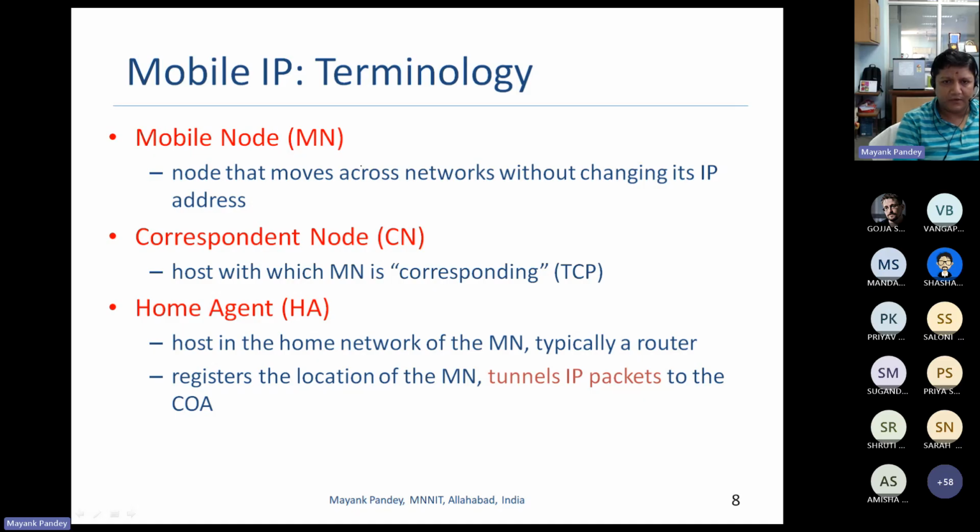First of all, the terminology. Mobile node: a node which moves across networks but without changing its IP address. We don't want to change the IP address. We want to make it transparent to the higher layer. There's another node known as the correspondent node, which is having a TCP connection with the mobile node.